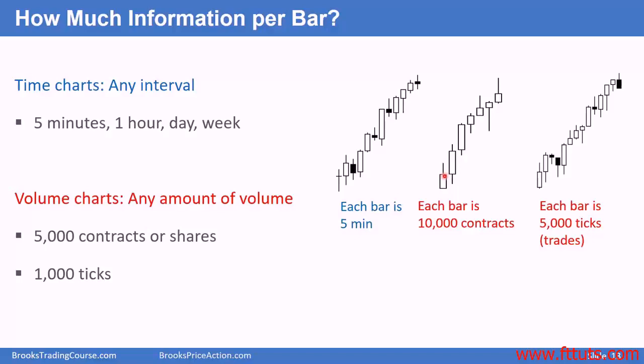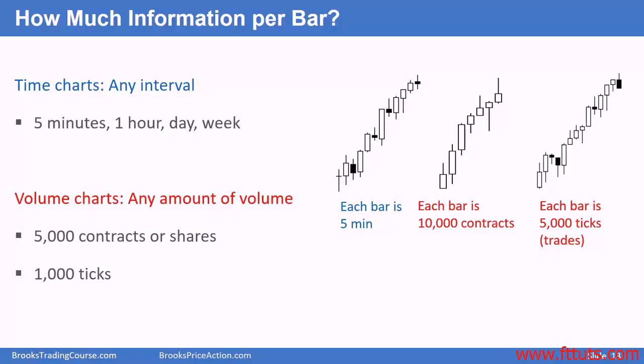Then this bar will not have exactly 10,000 contracts. It'll have 9,999 plus 1,000 more, so it'll have 10,999. Even though it's called a 10,000 contract volume chart, the bars usually do not have the same number of contracts. As soon as a bar has at least 10,000 contracts, the bar closes and another bar begins.